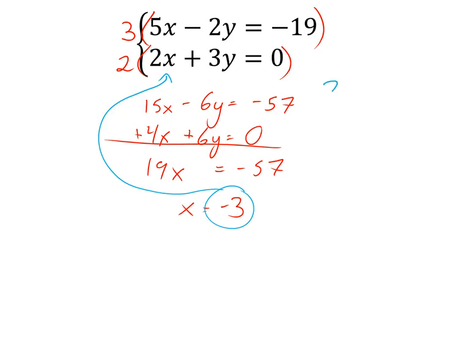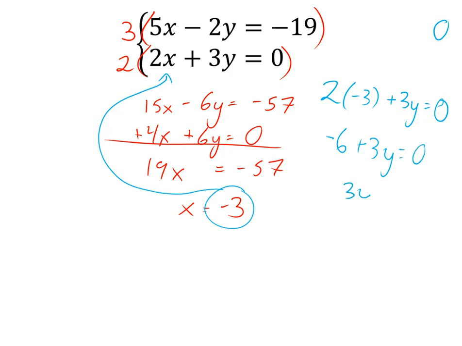So I've got 2 times -3 plus 3y is equal to 0. So I've got -6 plus 3y is equal to 0, which gets me 3y is equal to 6, which means y is equal to 2. And so my answer would be 2, -3.